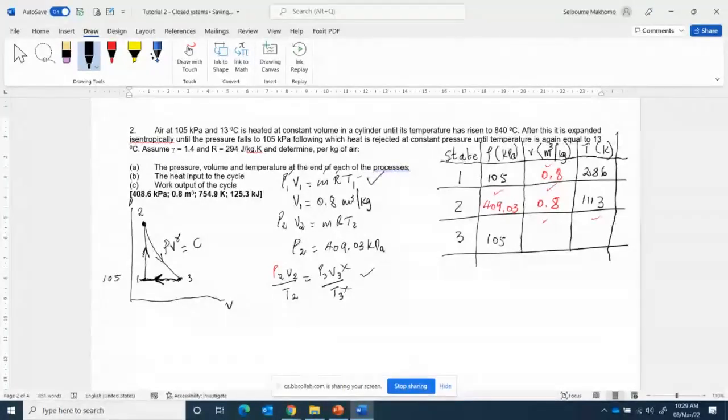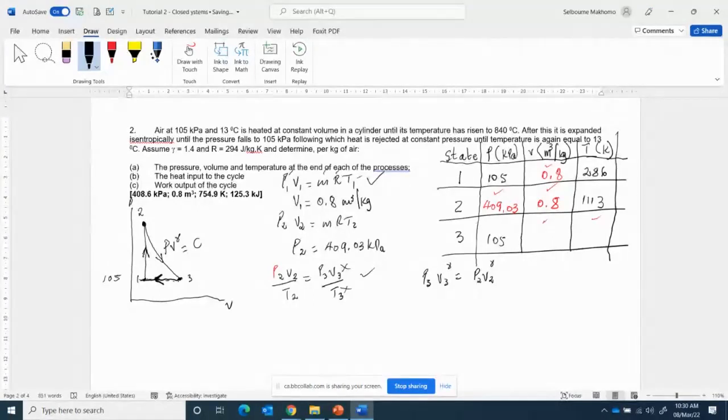But then when you check on a formula sheet, there is another formula there, the one that we used in question 1, where it says P3 V3 to the power gamma is equal to P2 V2 to the power gamma.